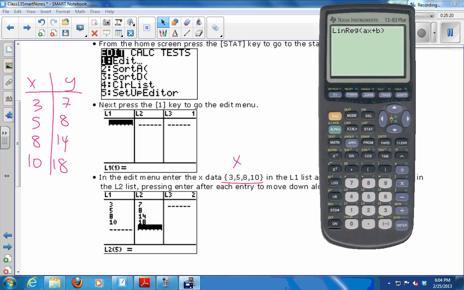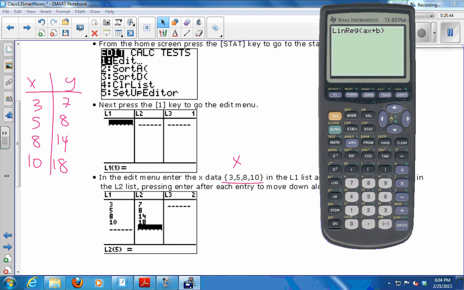Then you're going to type in, you have to tell it where your data is and where you want it to put the equation. So our data is in list 1 and list 2. So if you look above each of the numbers in your keypad, right above 1 in yellow it says L1, and right above 2 in yellow it says L2. We want to use L1 and L2.